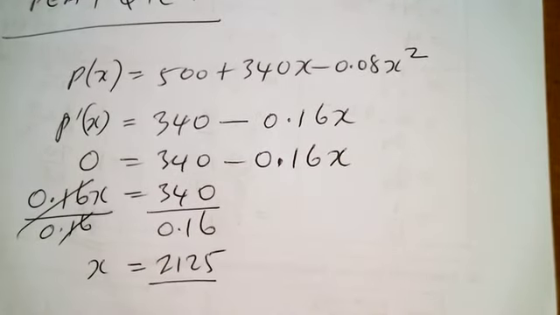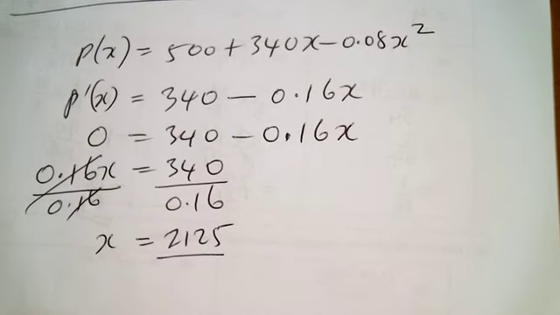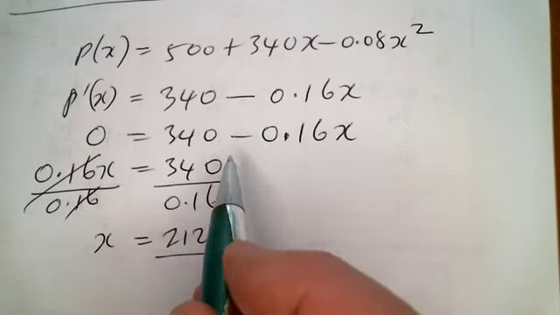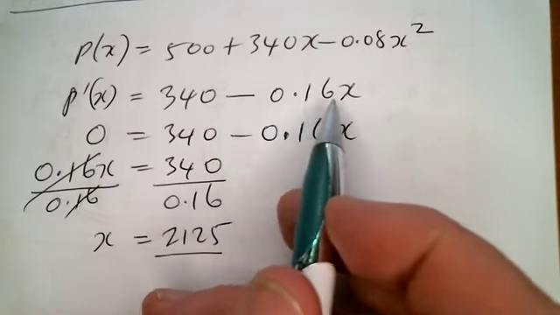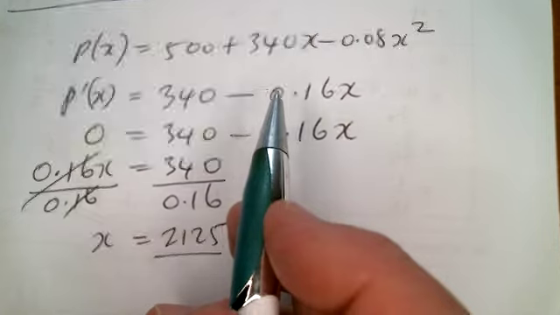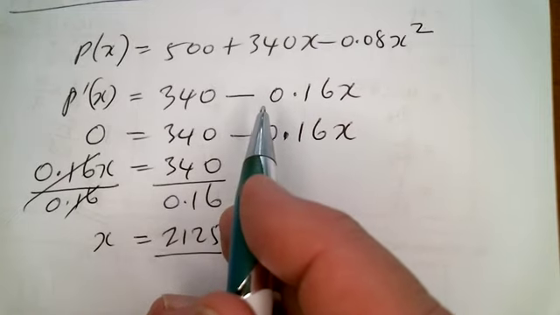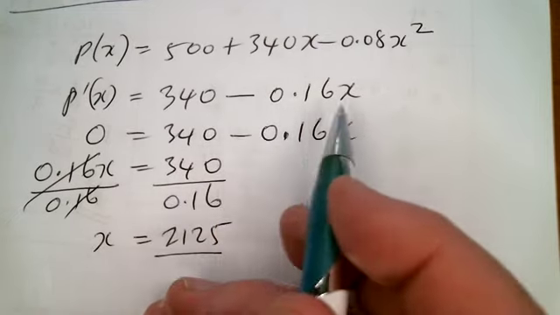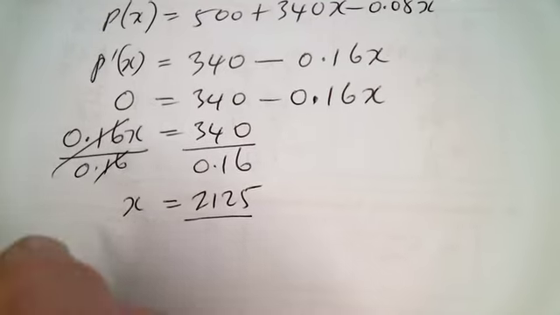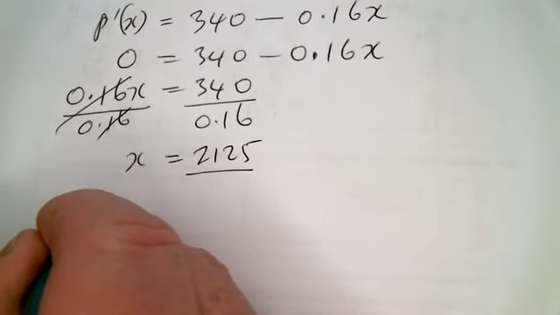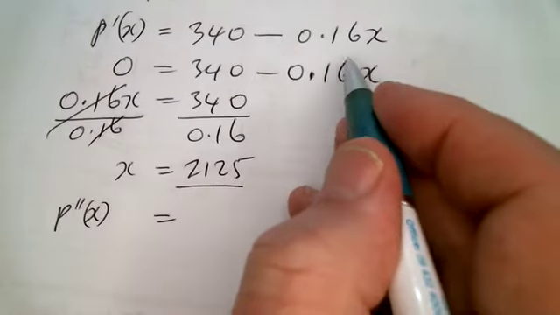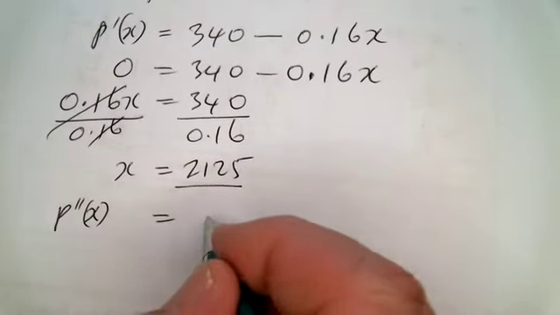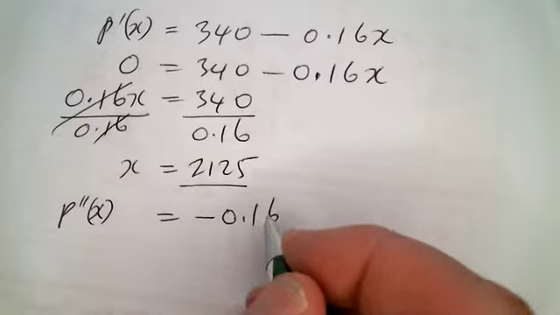So let's find out what that profit would be. And by the way, we could prove it was a maximum because if we were to differentiate a second time, in fact, let's just do that for a bit of fun. So that would be P double dash x, and that would be equal to negative 0.16.